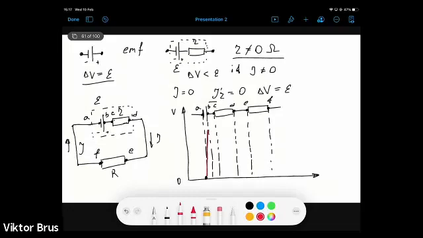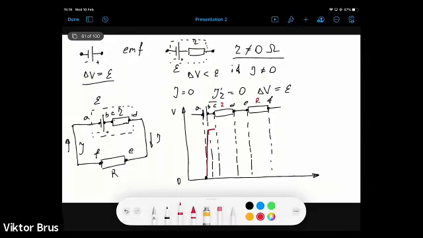And then it saturates at some level, so we don't have any voltage drop over electrical connectors. And then we have this internal resistor, which is R, and here is our load resistor.